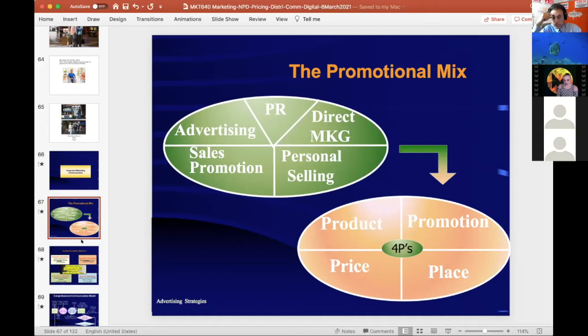PR is public relations, and finally, advertising is a paid form of communication where the person who's paying to be advertised is clearly identified. Versus PR, you see, PR and advertising are very similar. The difference is that with PR, it's not clear that they're paying to be discussed. PR seems more journalistic.